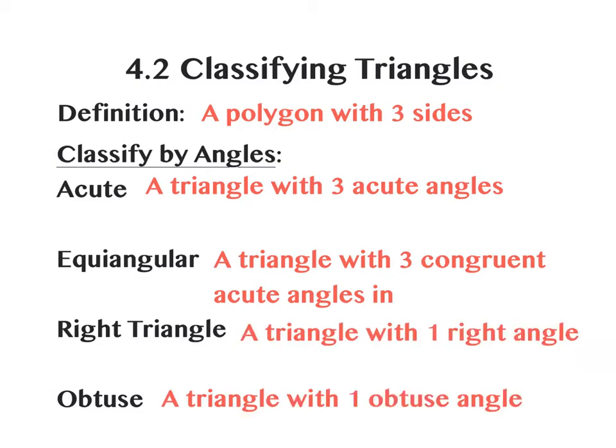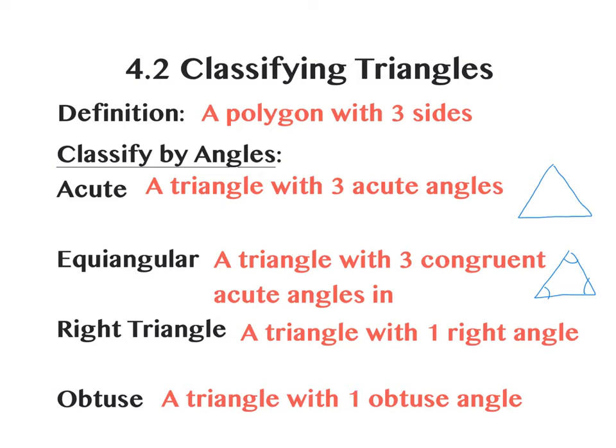So when I classify a triangle, the first thing I will do is classify it by angles. Next will be sides. I would draw these. Those are 3 acute angles, but if I don't mark them, not necessarily congruent. In an equiangular, all 3 are congruent.